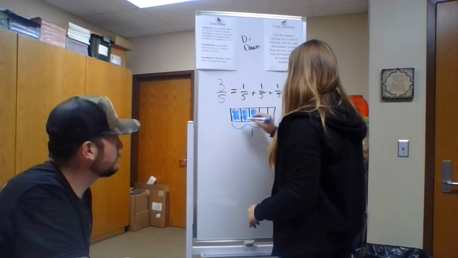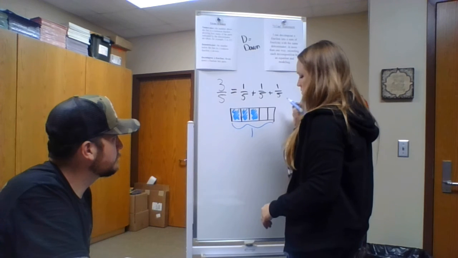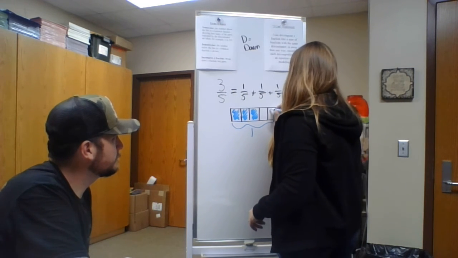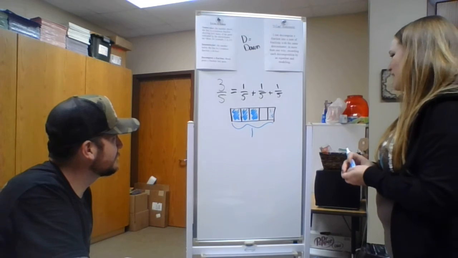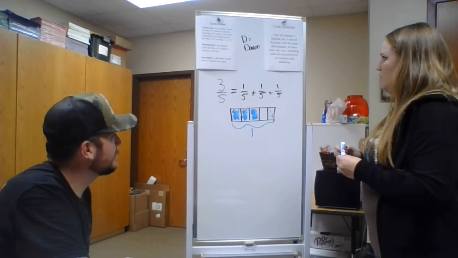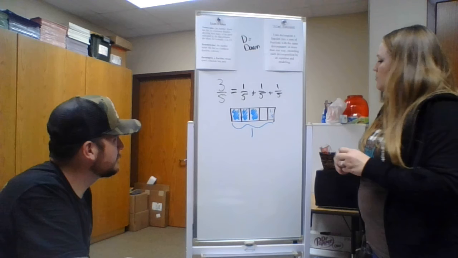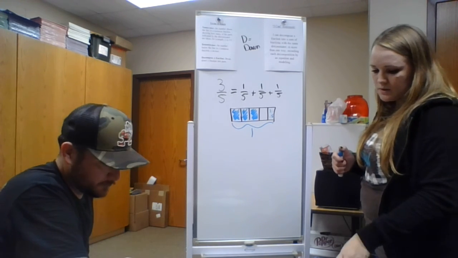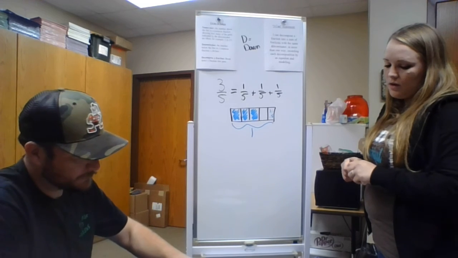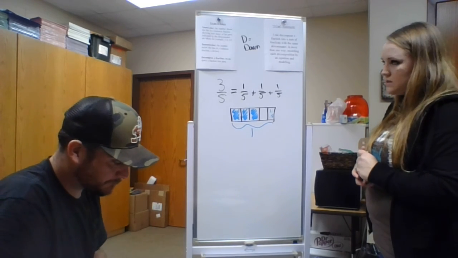Right. And then each of these are 1/5. Look at you, you're getting it. So that's basically an overall view of how to decompose a fraction. I want you guys to go ahead and work on this worksheet, and then we will do your unit test on Friday.